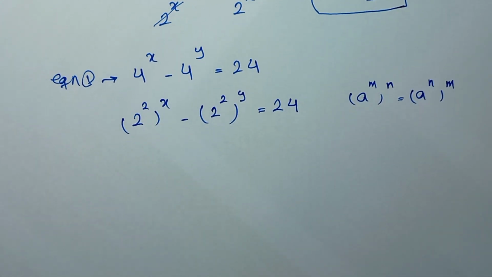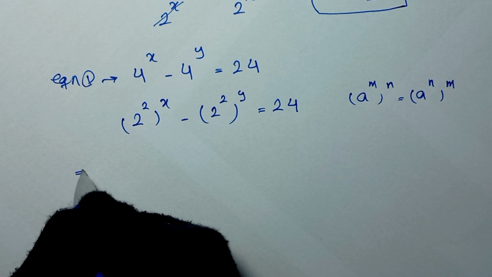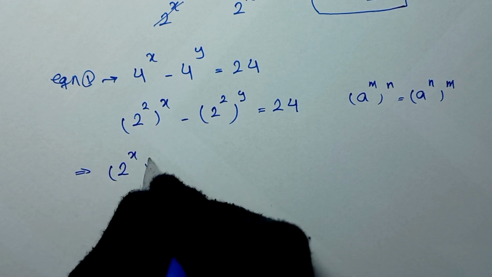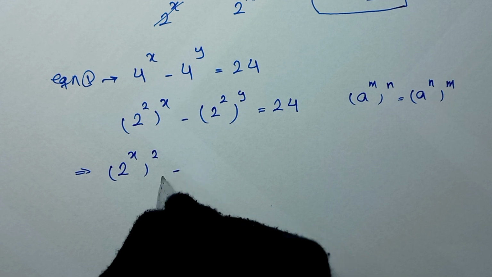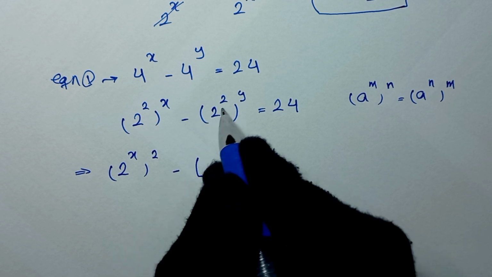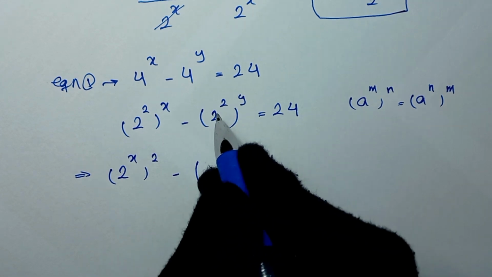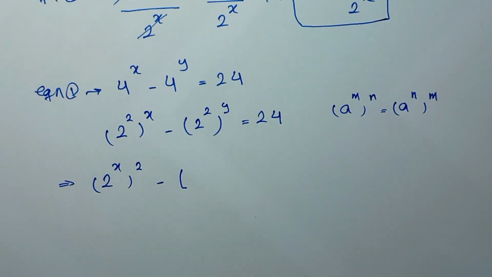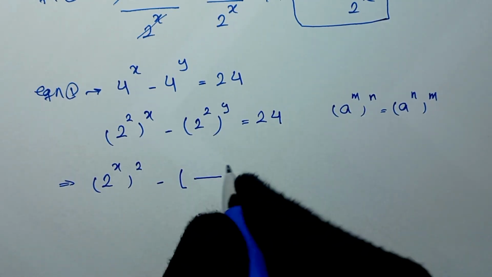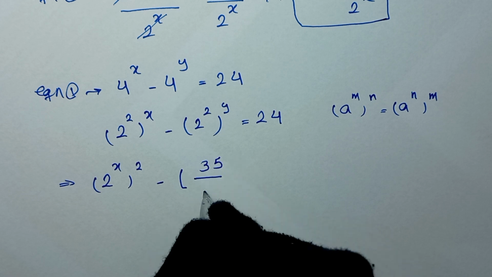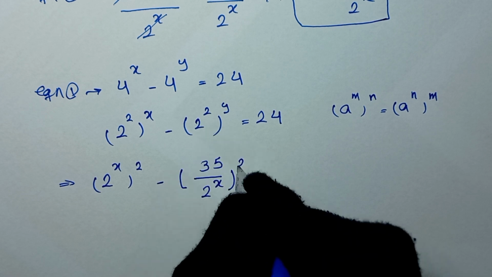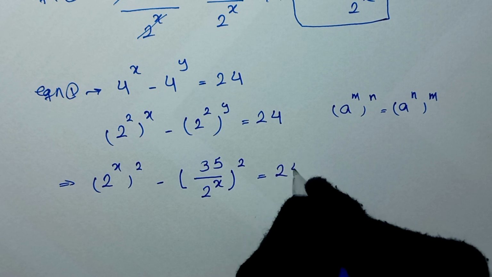So in here, we can write this as 2 to the power of x and to the power of 2, and minus 2 to the power of y and to the power of 2, right? And 2 to the power of y is 35 over 2 to the power of x. So we write in here 35 over 2 to the power of x and to the power of 2 is equal to 24.